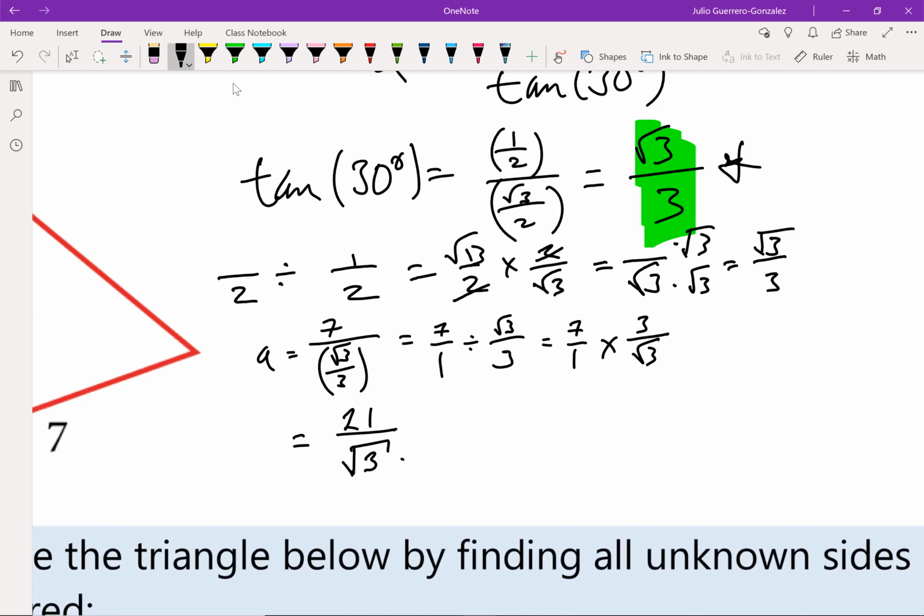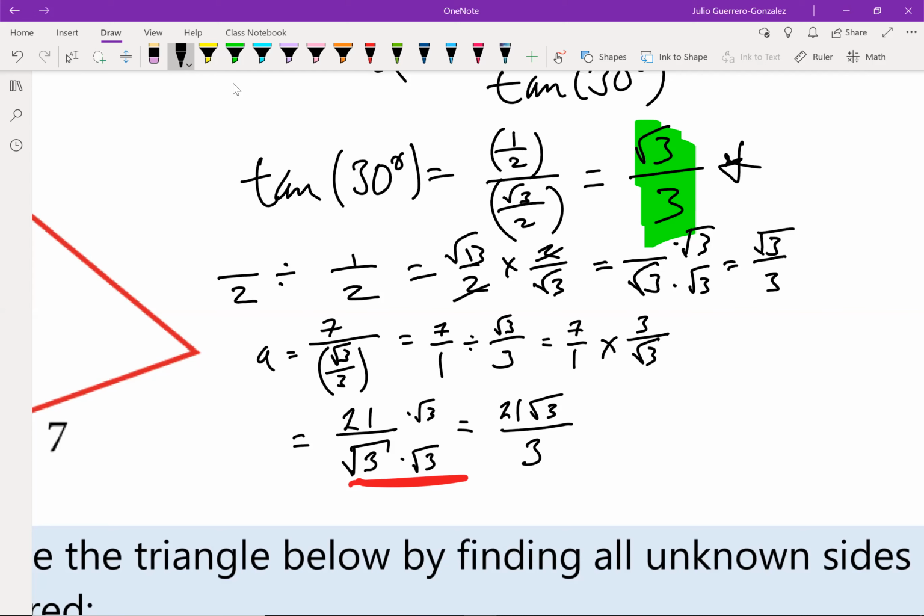So to get rid of the square root on the bottom, I'm going to multiply by a square root on top and bottom. These two right here combine to just 3, right? And then the other one on top. So 21 square root 3 divided by 3.